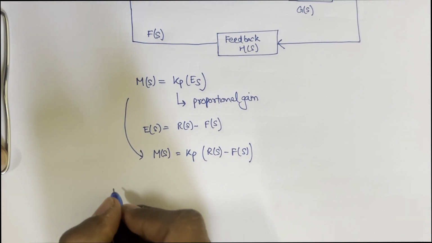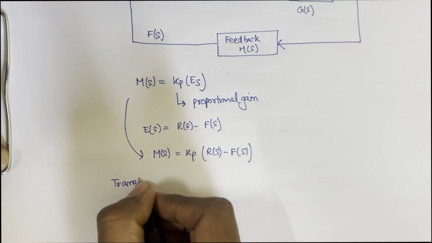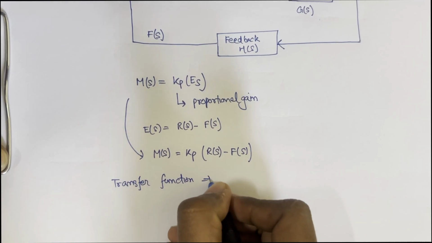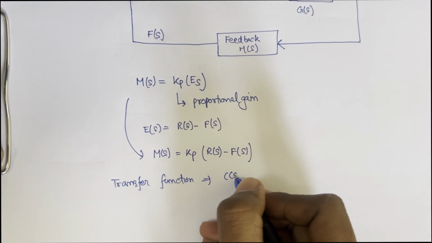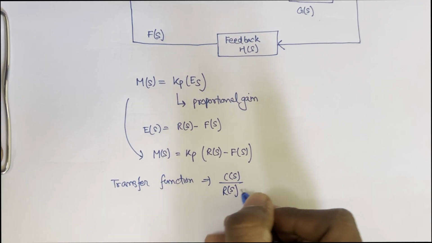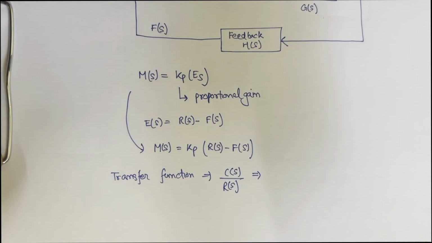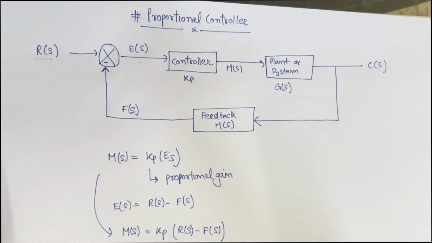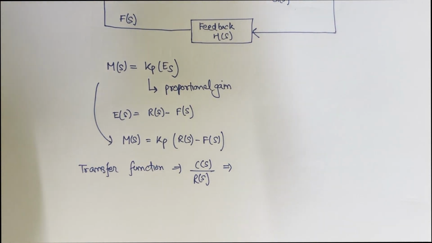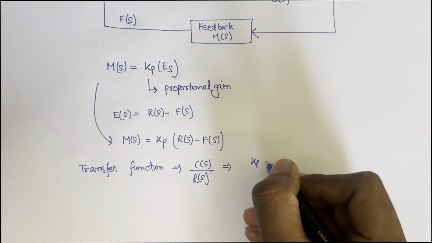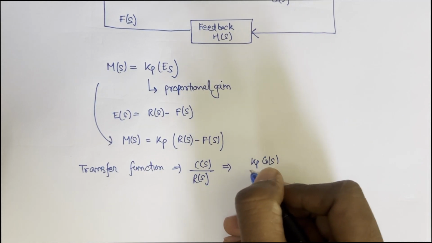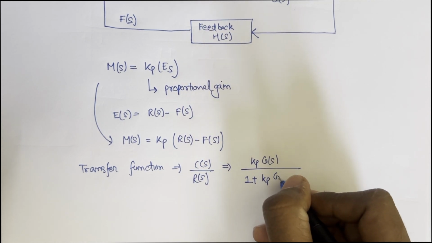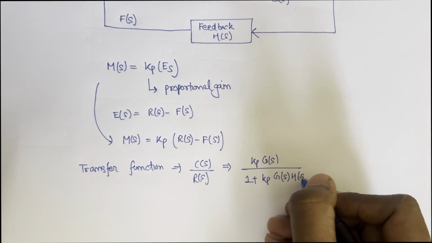Now we can write the transfer function, that is output C(s) upon R(s). In this case, when the controller gain is Kp, the transfer function will look like Kp into G(s) upon 1 plus Kp into G(s) into H(s).